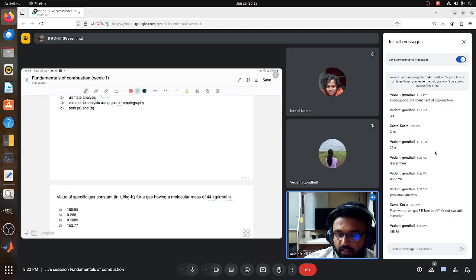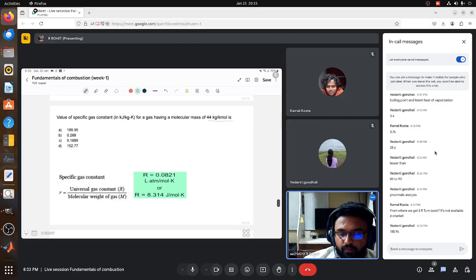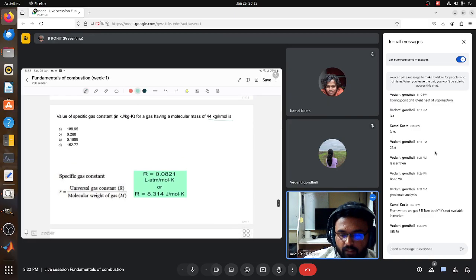It is being asked in kilojoule per kilogram Kelvin. The definition of the specific gas constant is nothing but the universal gas constant, which we denote as RU, divided by the molecular weight of the gas.